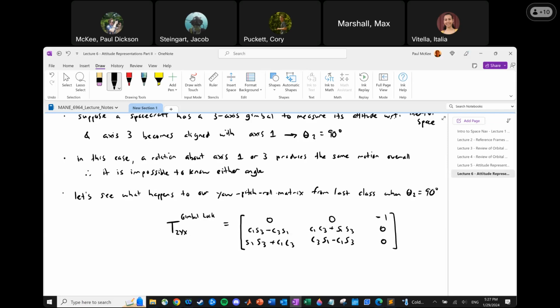And this, you might need to stare at it for a little bit to convince yourself, is a singular matrix.